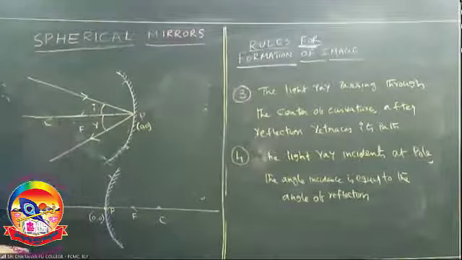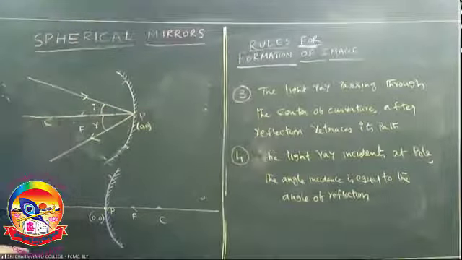Opposite side AM by adjacent side, which is M to C. But M is replaced by P because P and M coincide. So tan theta is equal to AM by MC.